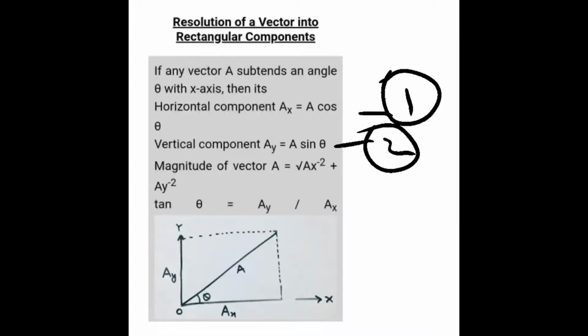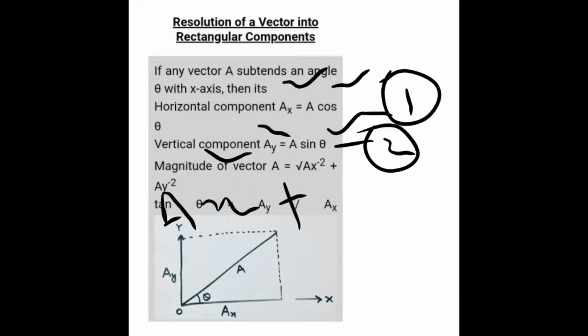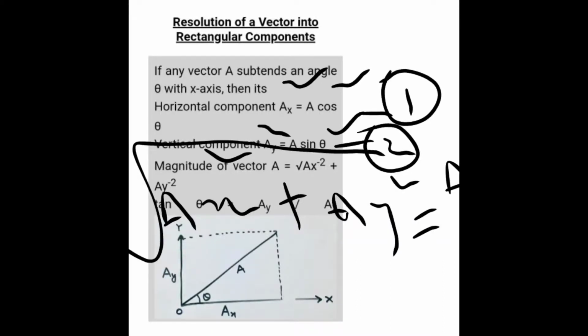Now if we square both equations and add equations 1 and 2, we get Ax square plus Ay square equals A square cos square theta plus A square sin square theta. If we take A square common, then sin square theta plus cos square theta is 1. Therefore we can write A equals root under Ax square plus Ay square.